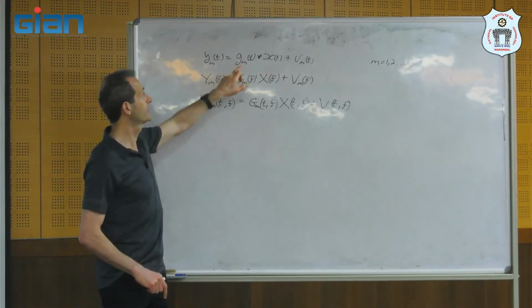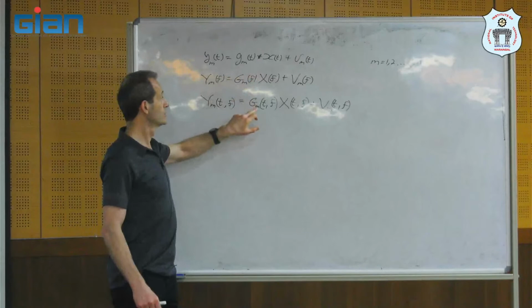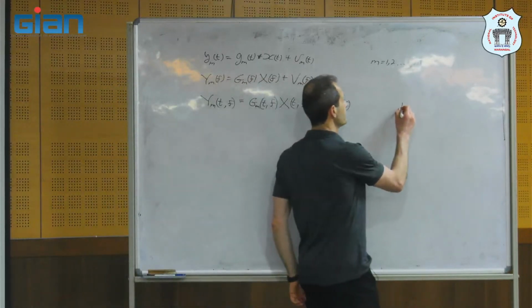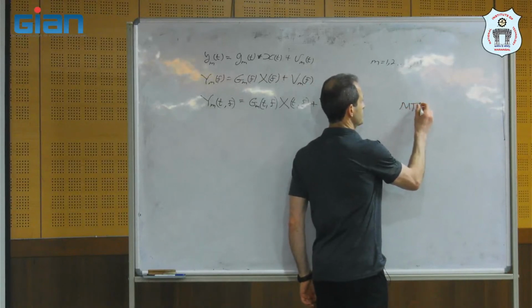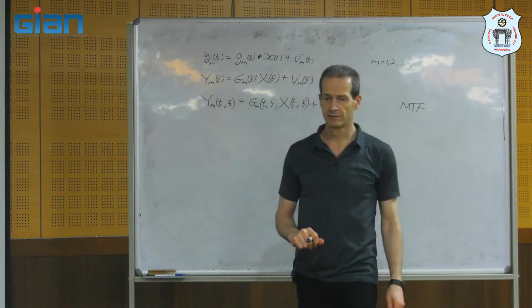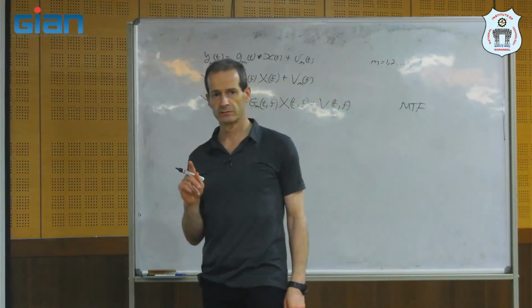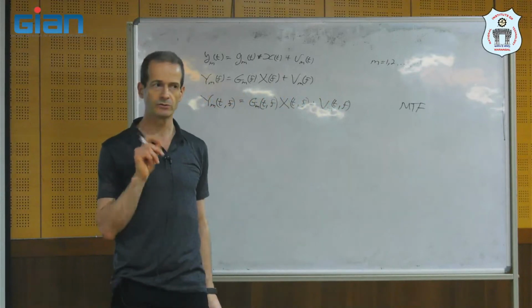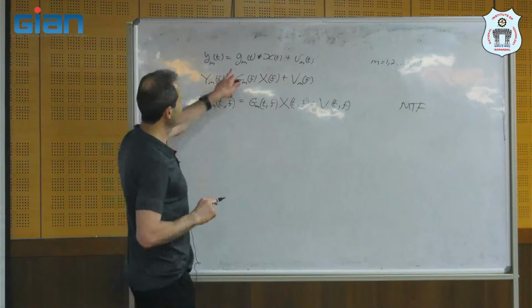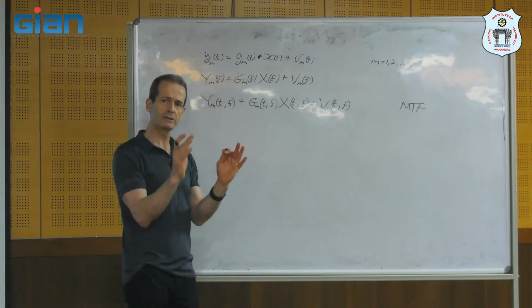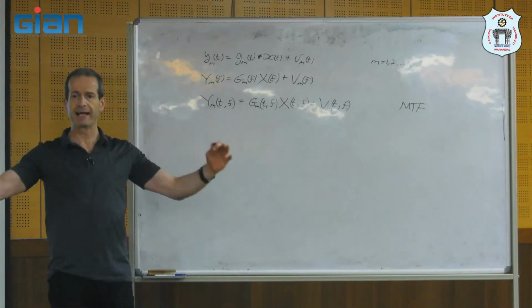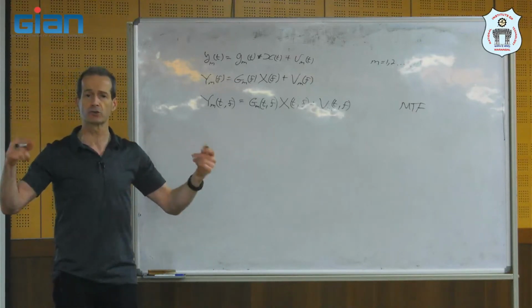That's why we move here from convolution to what we call MTF, the multiplicative transfer function. This is a very important thing to notice. We assume that the impulse response is sufficiently short relative to the length of the window of the short-time Fourier transform.